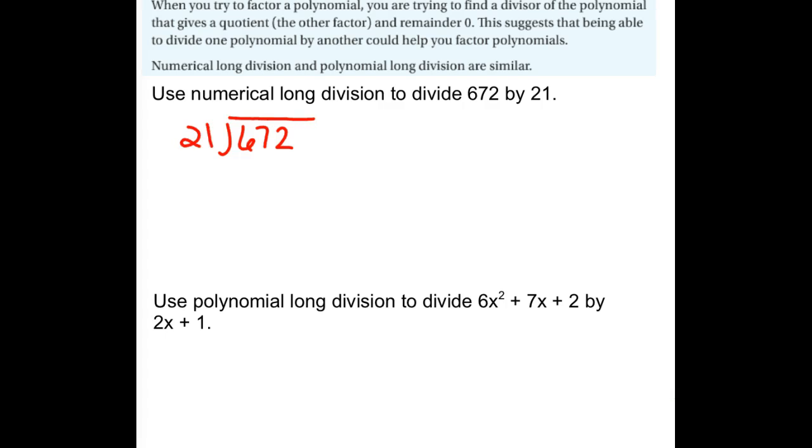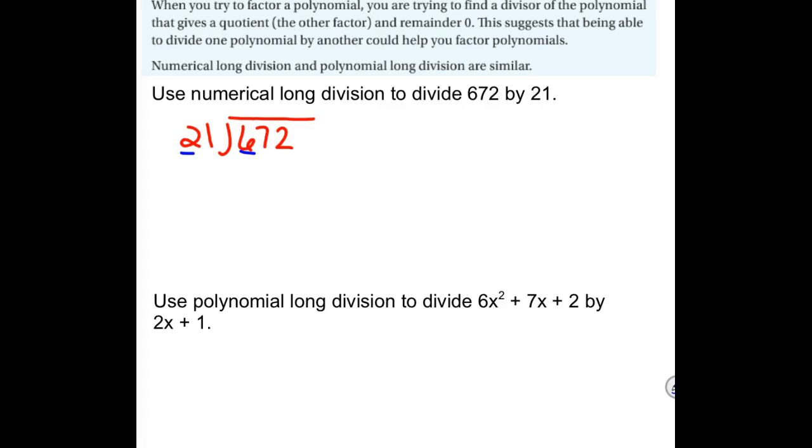Now I want you to think back to when you were in 4th grade. Okay? 672 is a big number for a 4th grader. So you rounded. You just looked at the first number and you said, I've got a 6 here, I'm trying to divide it by a 2. How many times would a 2 go into a 6? It would go in 3 times.